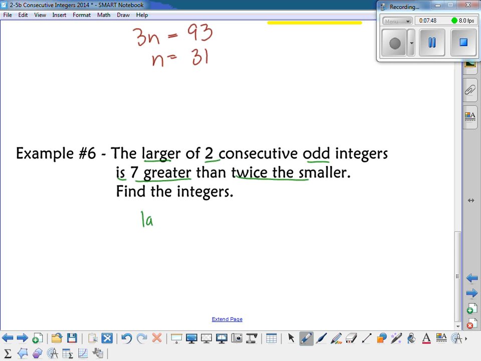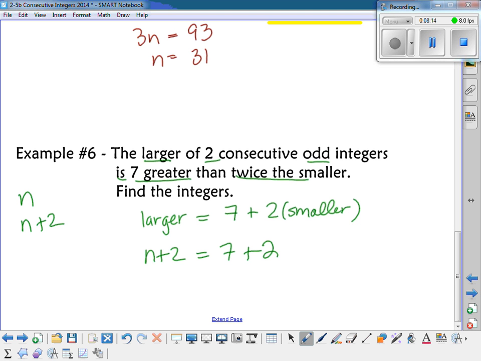Larger is, that's my equal sign. 7 greater means I'm adding it to 2 times the smaller. This one just has 2, so we've got n and n plus 2. My larger is n plus 2, which equals 7 plus 2 times my smaller, which is n.